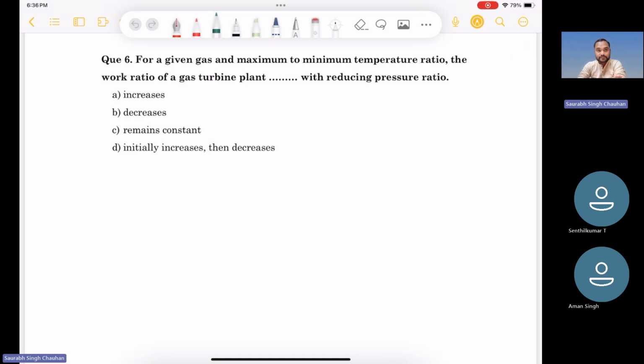Now question number 6. It says for a given gas and maximum to minimum temperature ratio, the work ratio of the gas turbine plant, then it is asking whether it reduces or increases with reducing the pressure ratio.